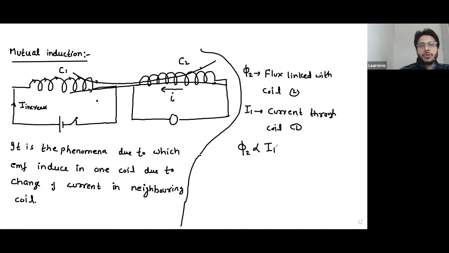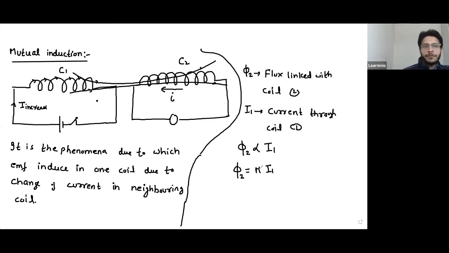Phi 2 is proportional to I1. Now, if I remove the sign of proportionality, then phi 2 will be equal to M I1. This M is known as the coefficient of mutual induction.